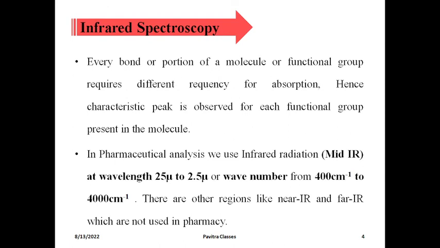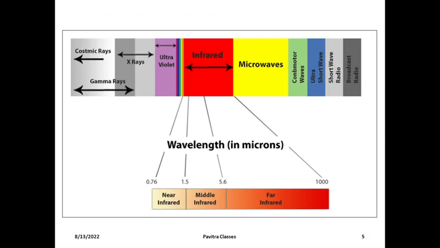Usually in pharmaceutical analysis, the mid IR range is used, at a wavelength of 2.5 microns to 25 microns, and in wave number from 400 cm inverse to 4000 cm inverse. The other regions, near IR and far IR, are not used in the pharmacy field. In the pharmacy field, only mid IR is used.